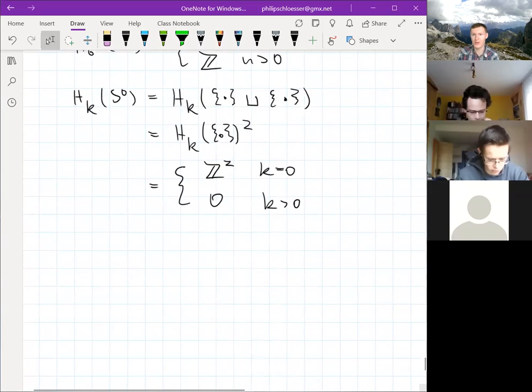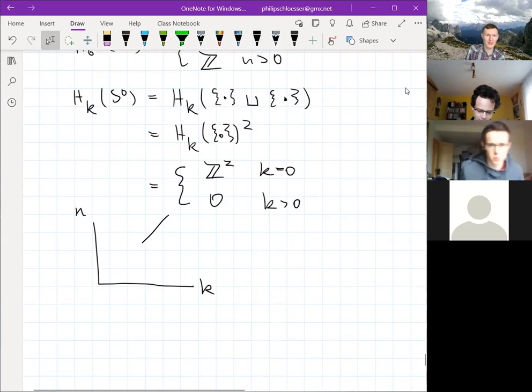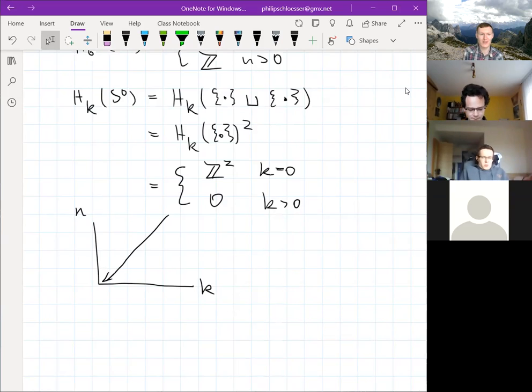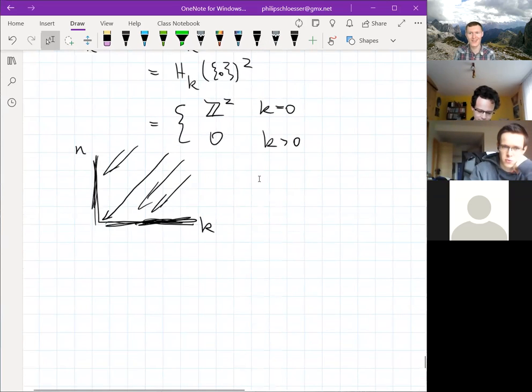If we have k here and n here, so the n sphere and the kth homology group, then we have a relation telling us that we can reduce in that direction, and we know what the homology group looks like on this line and on this line. So we have found everything inductively.